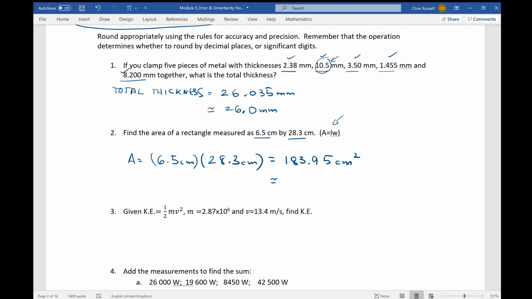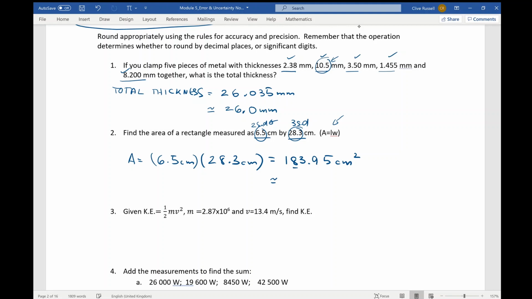No. Because our last operation is multiplying, we have to round based on accuracy or significant digits. This number has 2 significant digits and this has 3. So we have to go with 2 significant digits because it's the least accurate. To go to 2 significant digits, that's 2 right there.